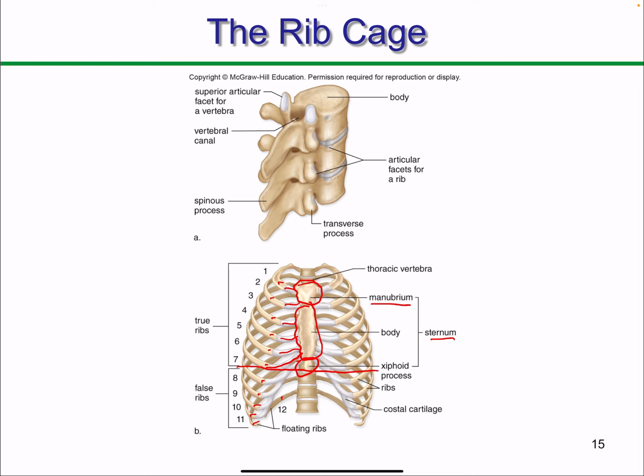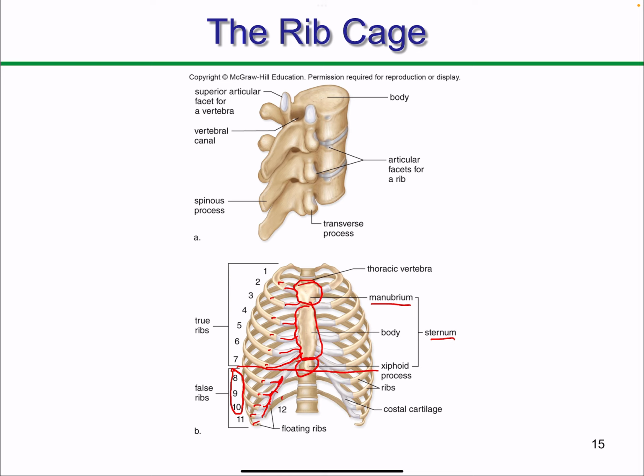Then you have ribs that, while attached to the sternum, are not directly attached to it. When you consider ribs 8, 9, and 10, they are attached to the intercostal cartilage right here.